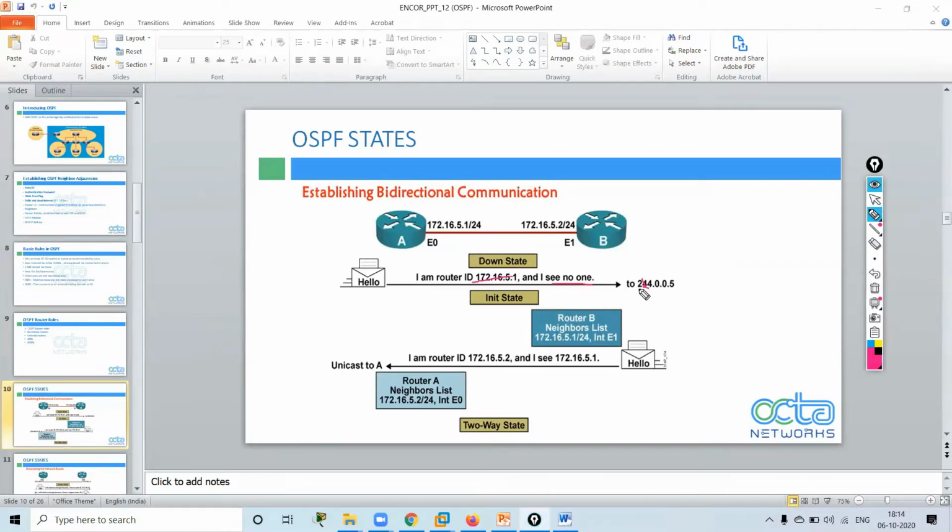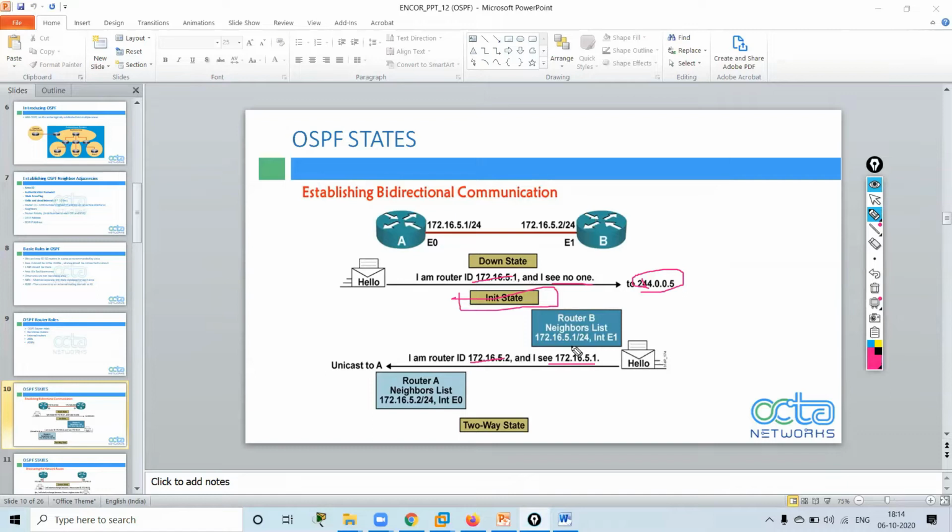Router B receives this on the multicast address because router B is also running OSPF. Router B will send a hello packet saying, I am router ID so and so, I can see you. So here this is the initialization state, init state.